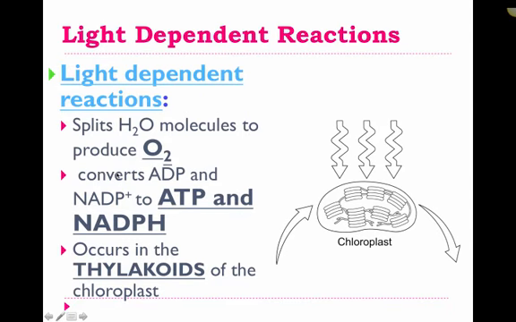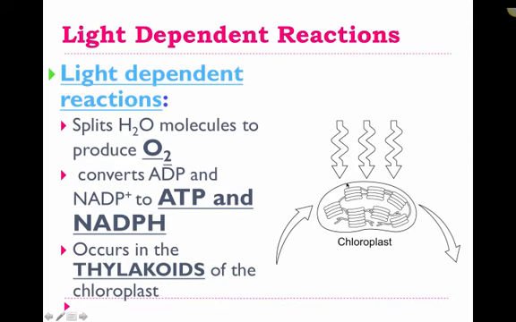Through this process, it also converts ADP, so if you remember our partially charged battery, into ATP, and NADP plus into NADPH, okay? So if you're not sure what NADP plus is, it's just an electron carrier, meaning it's a molecule that's going to carry electrons to another process, and we'll talk about what that process is a little later.